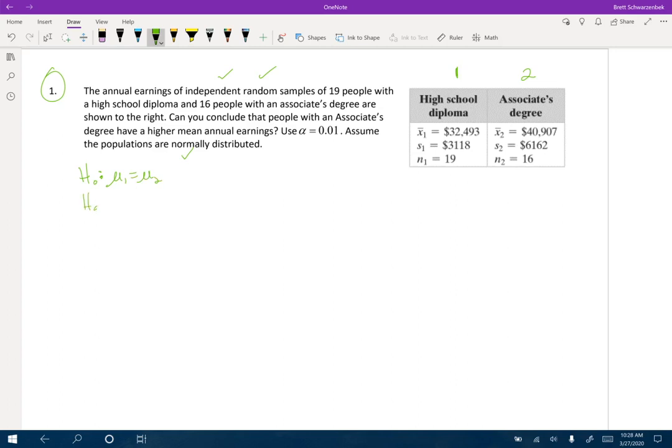The alternative, okay, so another one that can be a little confusing. It says, can you conclude that the people with associate's degrees have higher mean annual earnings? So they're stating that this side is larger, which means that our first, the high school diploma, is going to be less. So we would say mu1 is less than mu2.